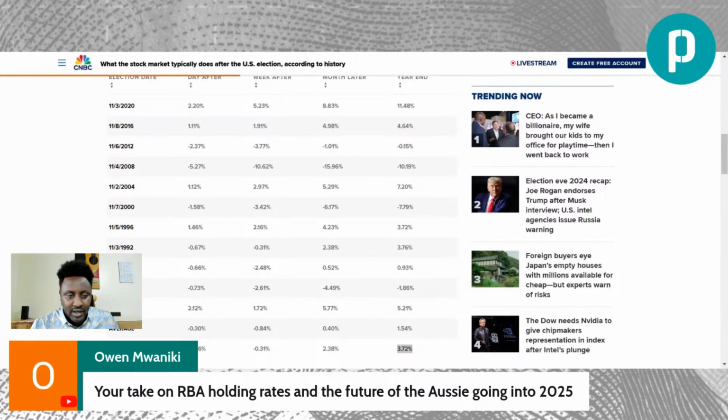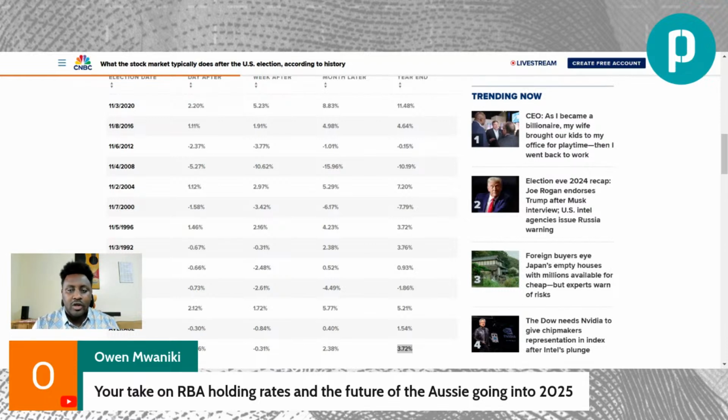So your take on RBA holding rates and the future of the AUD going into 2025. So the RBA has been holding rates for almost a year now, and holding at 4.35% is a decent interest rate. By them promising to hold rates at 4.35% until the economy responds, it basically means that other central banks are cutting and RBA is not cutting, which provides for a more stable environment, which tends to attract investors in their treasuries.